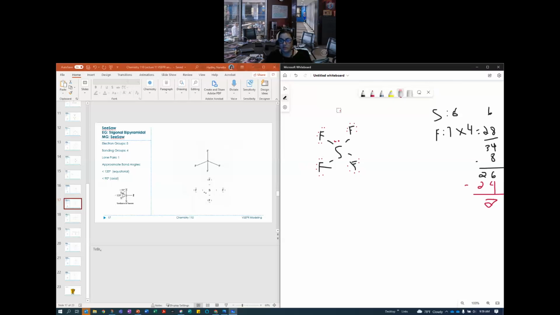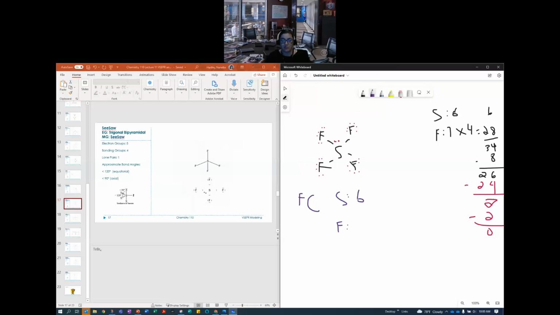I've now distributed all of my electrons. Now the question becomes, am I happy with the structure that I have? In order to answer that question, we're going to talk about formal charge. We'll do that for sulfur, and then fluorine, all of the F's are the same, so we can do that.